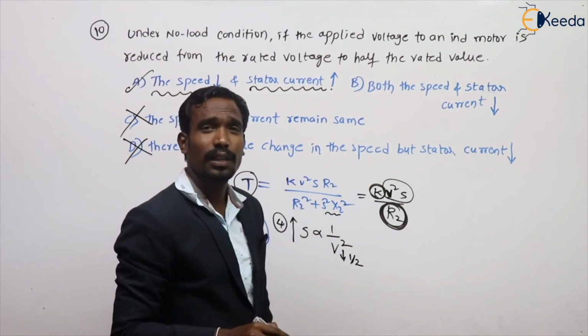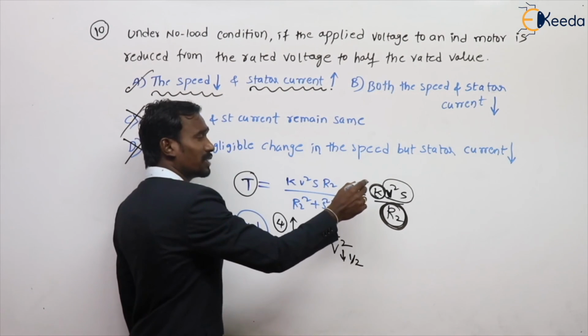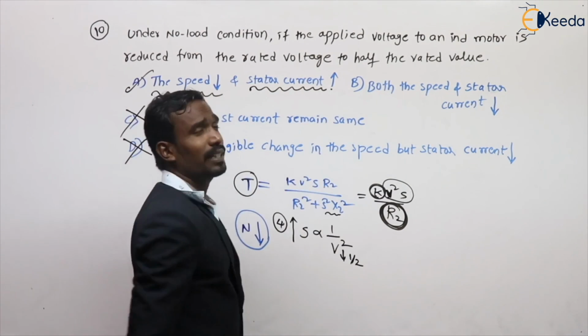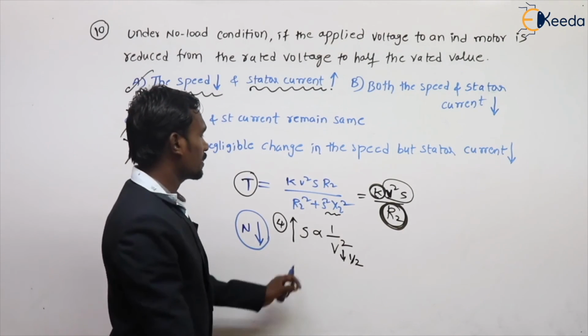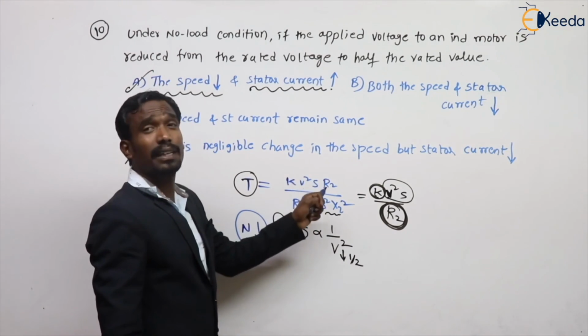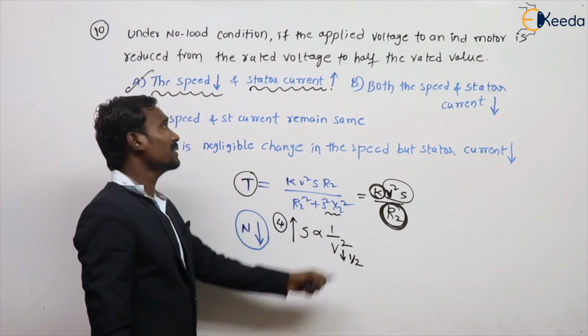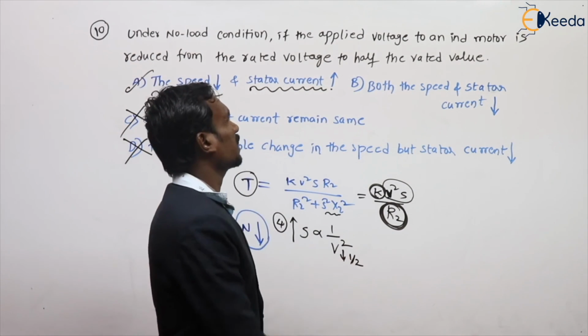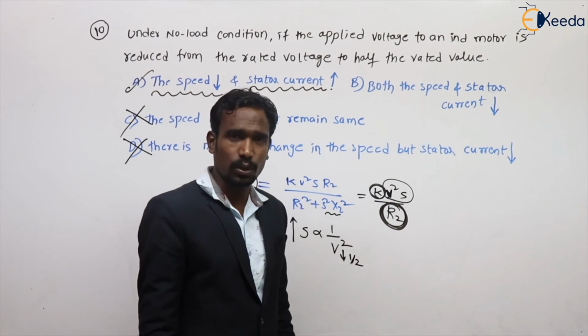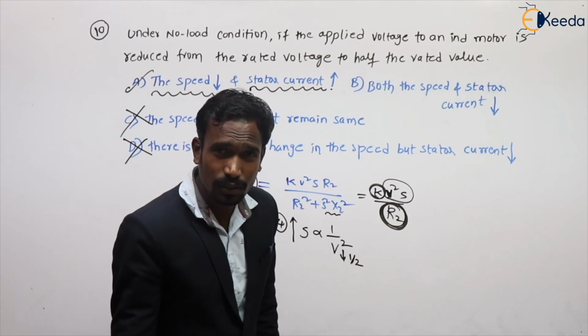Generally, when voltage decreases, the stator current increases. So option A is the correct answer. Here slip is increasing, so the speed decreases and the stator current increases. This is again a theory question on induction motors. Are you okay? Understood? Thank you, sir.